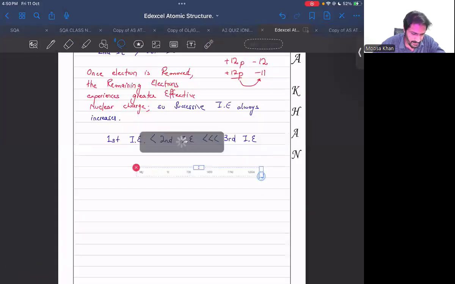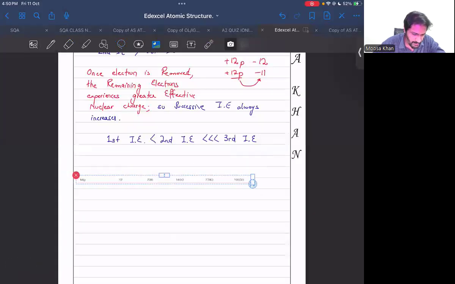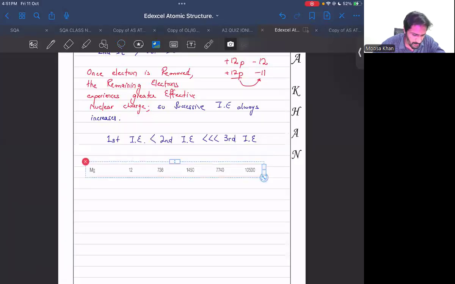Now, if you just compare their values, all the successive ionization energies always increase, right? There's no doubt about it.